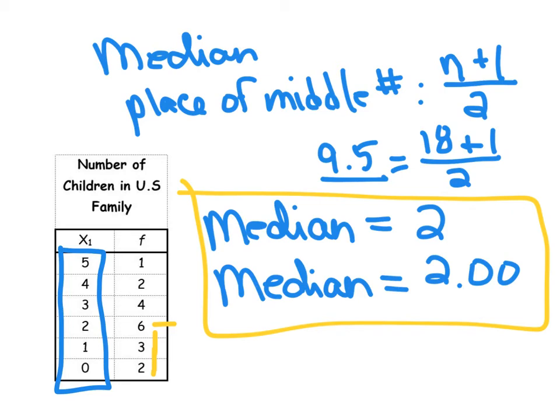The next, as you know, median is 2. So when we're reporting measures of central tendency, we often will be asked things like, well, which measure would be the best measure of central tendency? Well, because you only have a range of numbers between 0 and 5, I can look at this and go, well, the median is 2.